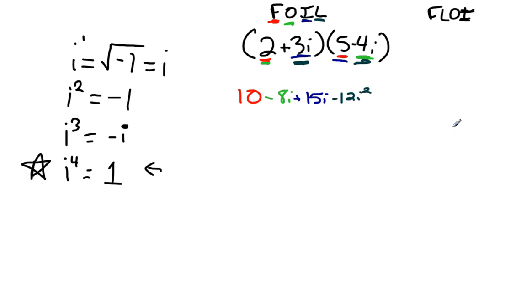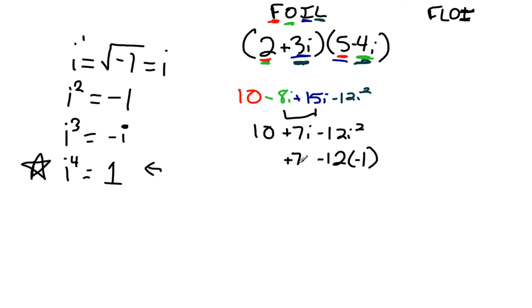Alright, so then we combine our like terms here. So negative 8i plus 15i is positive 7i. We bring everything else down, so there's 10 minus 12i squared. Right, now we can simplify a little bit here. We know i squared is negative 1, so it's going to be negative 12 times negative 1.